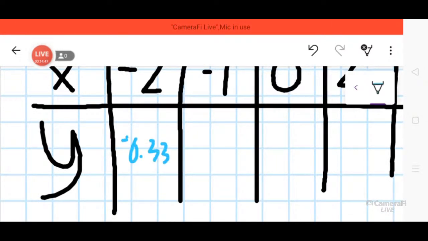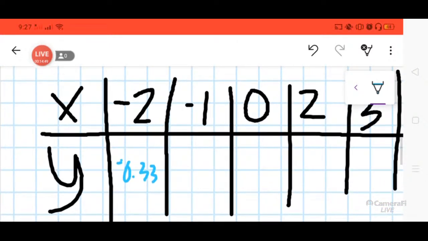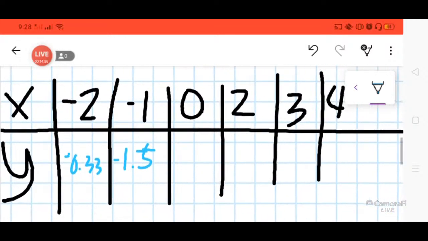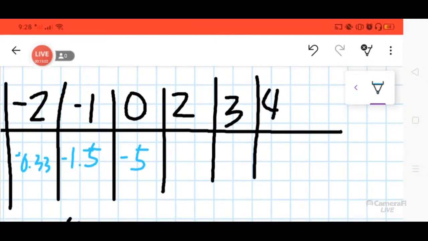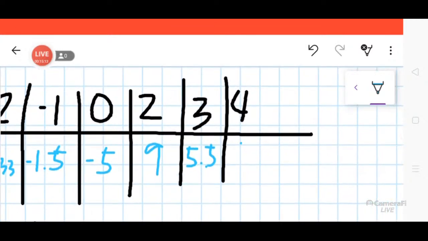For negative 1, that is negative 1.5. For 0, that's negative 5. For 2, that is positive 9. For 3, that is 5.5. And for 4, that is 4.33.